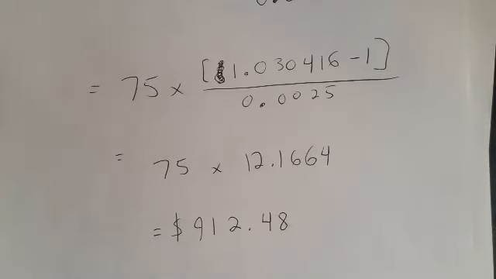This one we're looking at right now, once you've got that first number with the decimal, you can just subtract 1, press enter, divide by the 0.0025, press enter, multiply by 75, press enter. That one seems to just flow through. The next one, you have to be careful that you actually write down the pieces, because then you're going to have to divide and kind of switch the order.